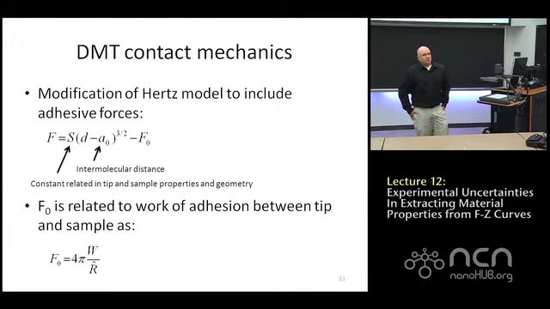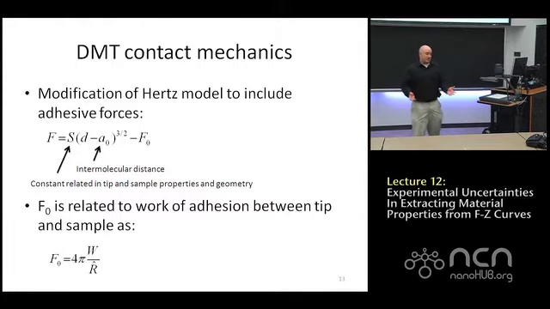There's a really good work by Johnson. If you want to ask me after class, I'll probably dig it up for you. It explains the difference between JKR, DMT, and Hertz. Essentially, they're different ranges of a solution. Hertz is valid at very high loads when the adhesive force is negligible. DMT works well for very stiff samples. JKR works better for softer samples.